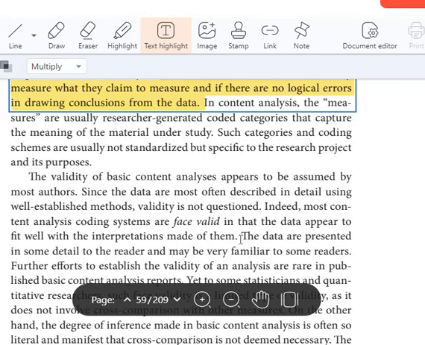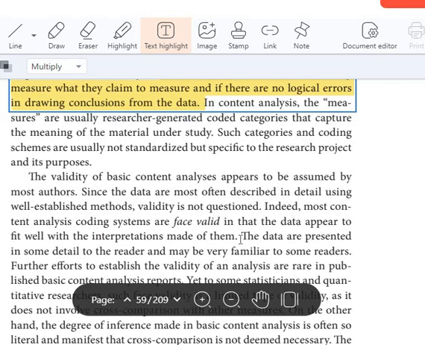Face validity is the apparent validity, in terms of the form and structure of the research. The data appear to fit well with your interpretations. So if it fits well with your interpretation, it means that it has face validity.